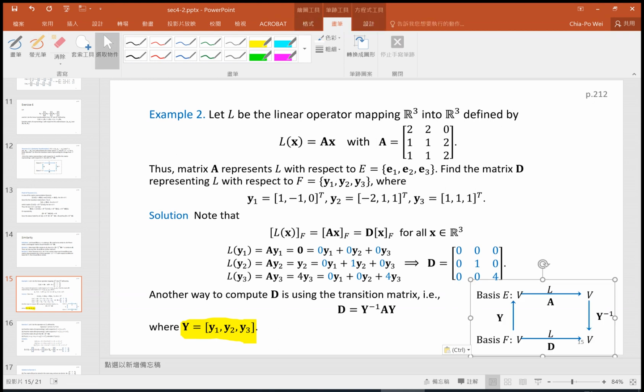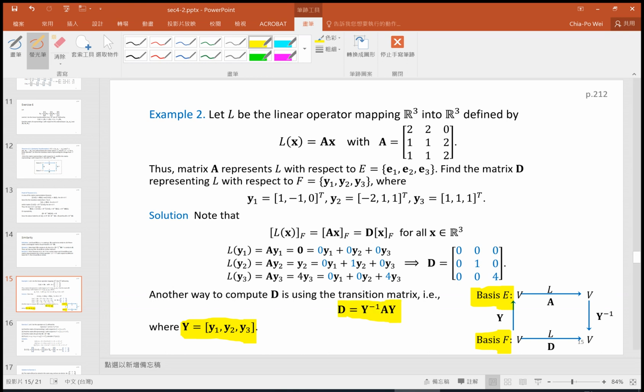Then matrix Y is the transition matrix from basis F to basis E. And because matrix A and matrix D are both matrix representations of the linear operator L, in view of theorem 4.3.1, D equals Y inverse times A times Y. And since matrix A is given and matrix Y is also given, because y1, y2, and y3 are given vectors, therefore matrix D is obtained by computing Y inverse times A times Y.